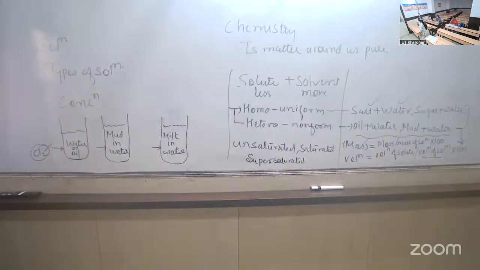But if you go with the last one, where particles are not visible, they cannot be separated by a physical method, they cannot be settled down, but scattering of light takes place. Remember, this scattering of light in 7 different colors is nothing but the Tyndall effect.